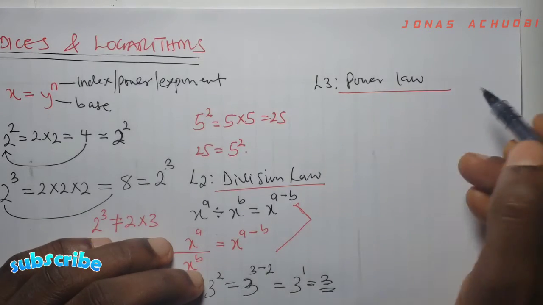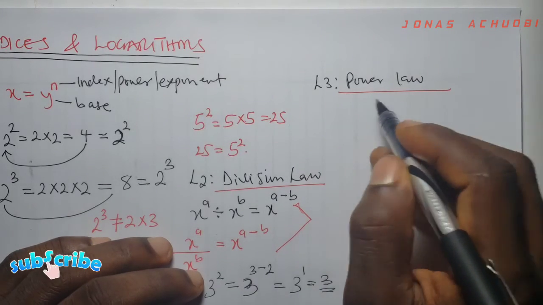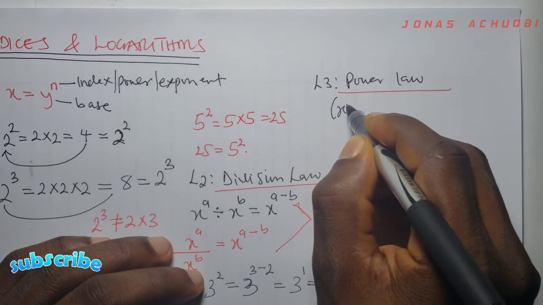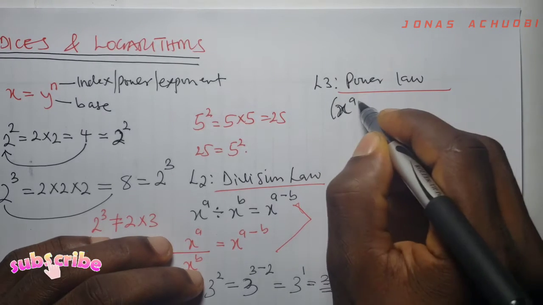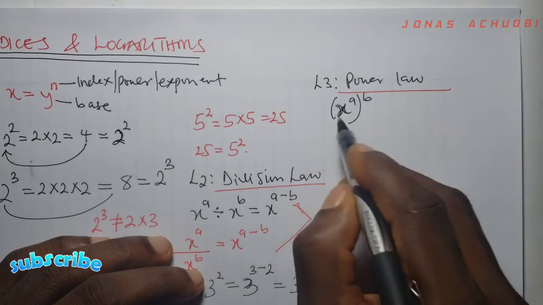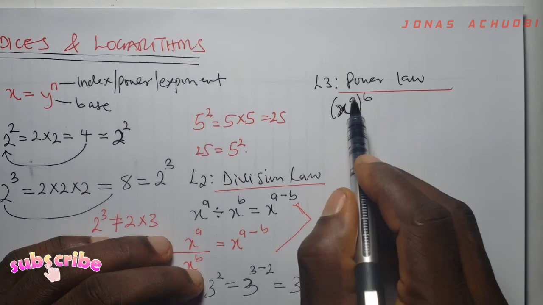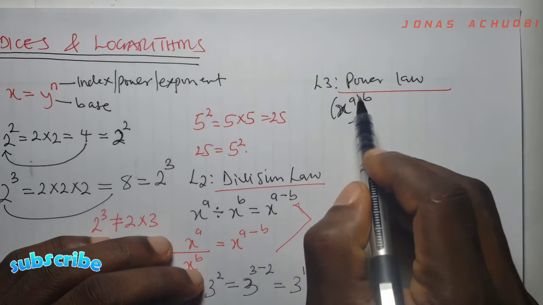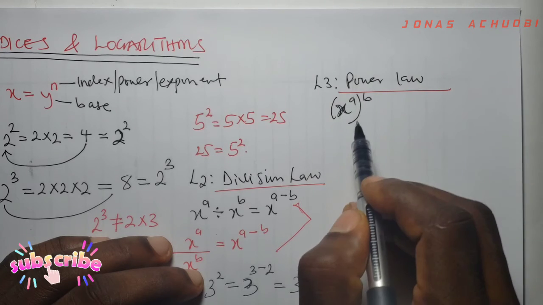Law number 3 of indices, which we shall call the power law, states the following. If we have an index form x raised to the power a, for instance, and this index form has another power outside, say b. So here we have an index form x raised to the power a, that is the full index form, and that index form completely is raised to another power b.